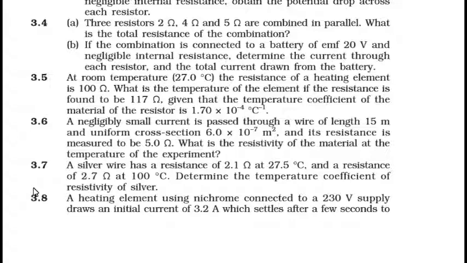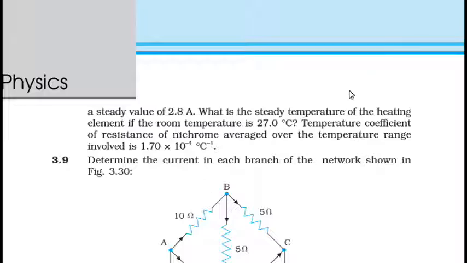Let us do the sum number 3.8. A heating element using nichrome connected to a 230-volt supply draws an initial current of 3.2 ampere which settles after a few seconds to a steady value of 2.8 ampere.